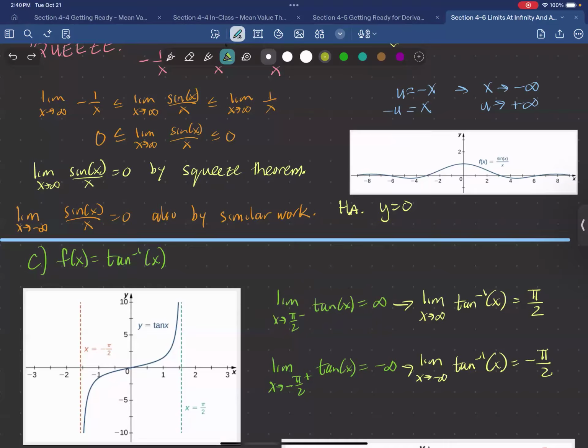And if that's the case, when we do the inverse, the domain and range swap with inverses. So these two swap.